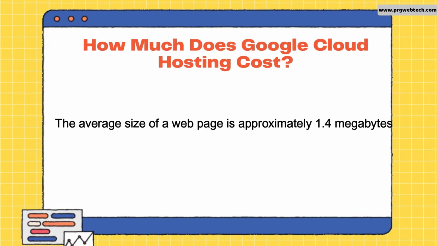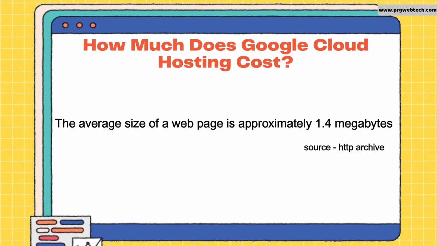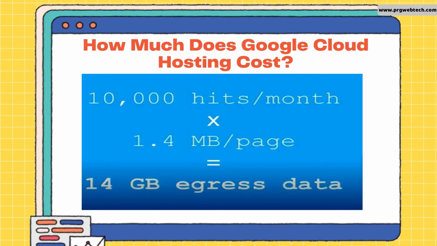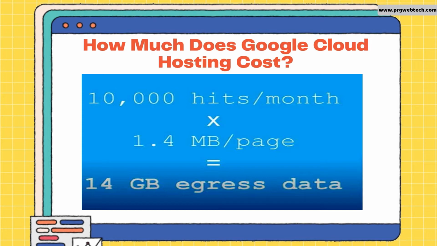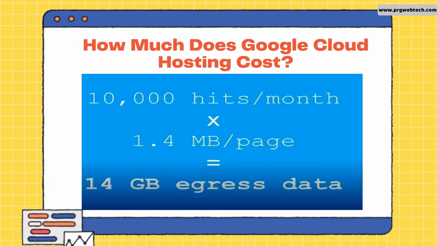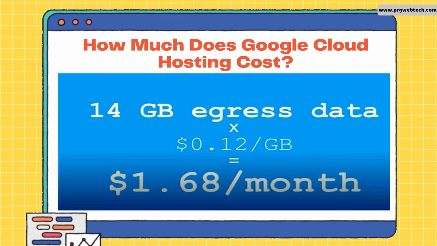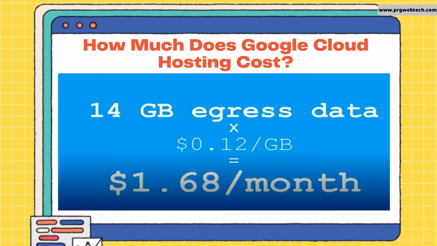The average size of a web page is approximately 1.4 megabytes, according to the HTTP Archive. That means if your website sees 10,000 page views per month, you'll end up being billed for 14 gigabytes of data, which is $1.68 per month coming out of your pocket. Of course, assume that your traffic originates from outside Australia and China.